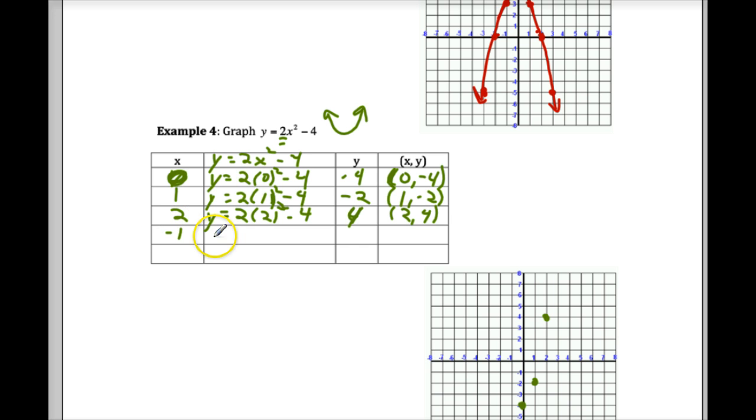Let's go to the negative 1. 2 times negative 1 squared minus 4. What's y when x is negative 1?